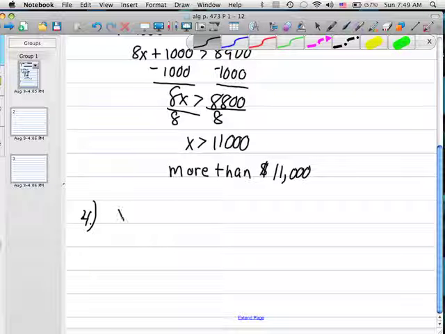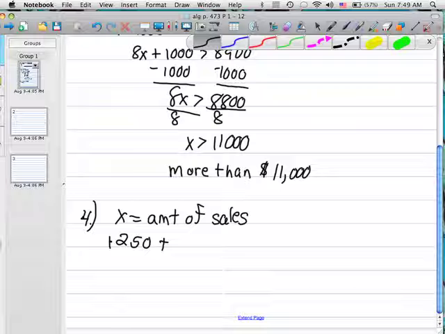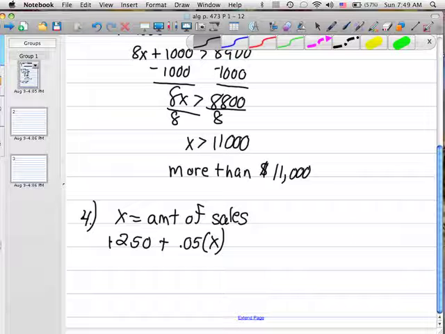So if x stands for the amount of sales, his salary is $1,250 plus a 5% commission, change that to a decimal, 0.05, on all his sales, x. And he wants a salary of at least $1,500 a month, at least. So it could be more, so greater than or equal to $1,500.